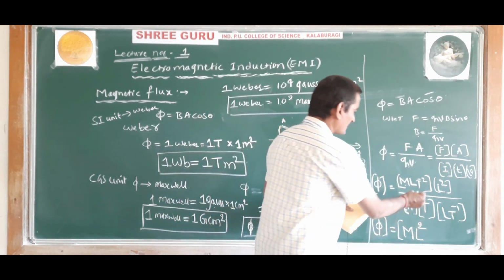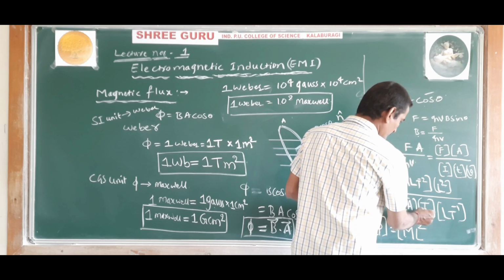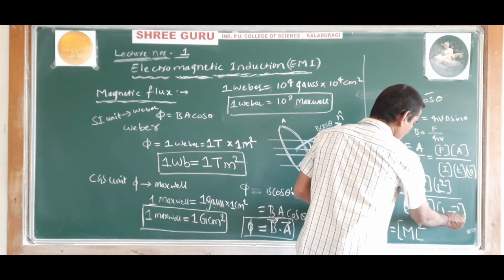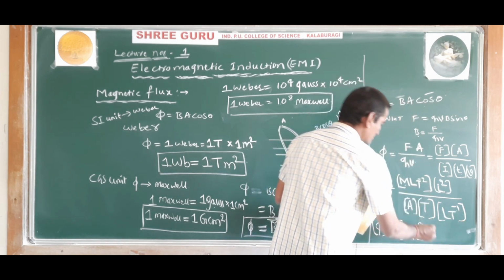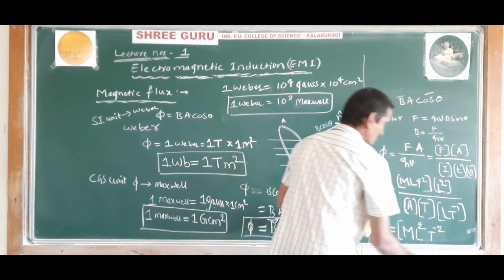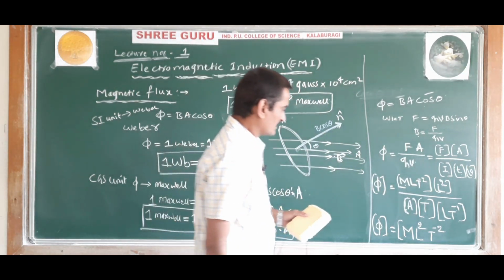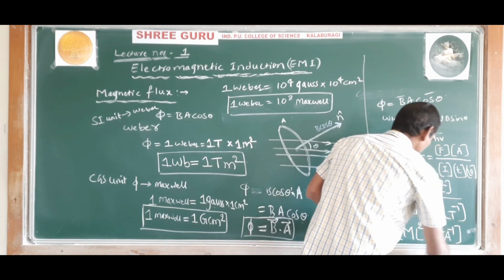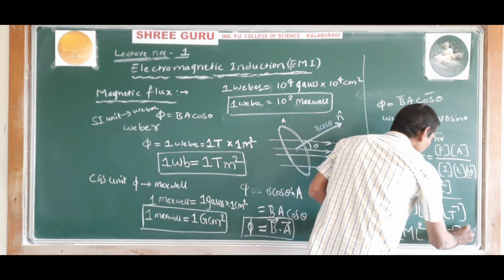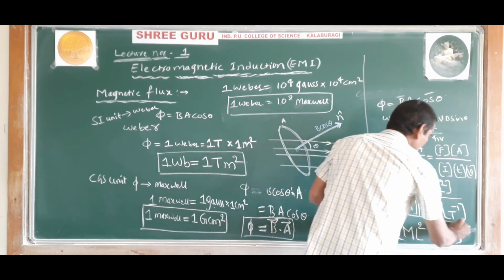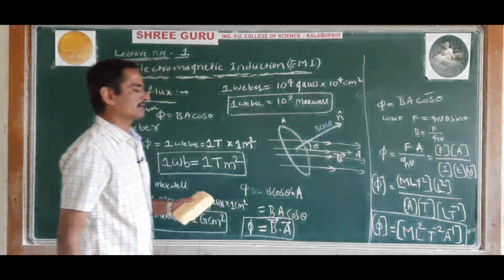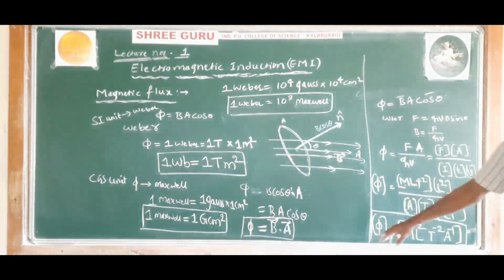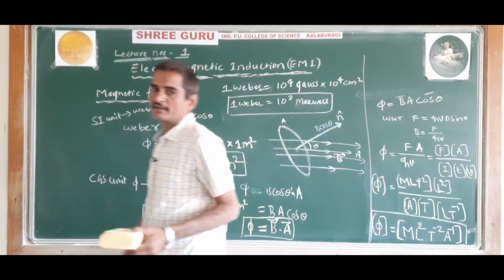Now T raised to minus 2, with T raised to 1 and T raised to minus 1 giving T raised to 0, so only T raised to minus 2. Next, A goes to the numerator, so you get A raised to minus 1. So the dimension of the magnetic flux is M L square T to the power minus 2 A to the power minus 1. Understood?